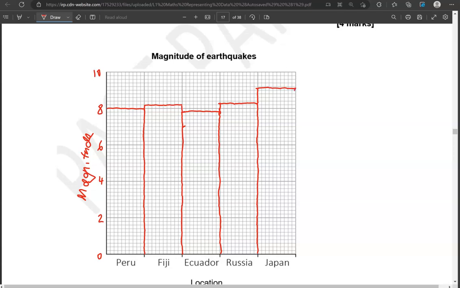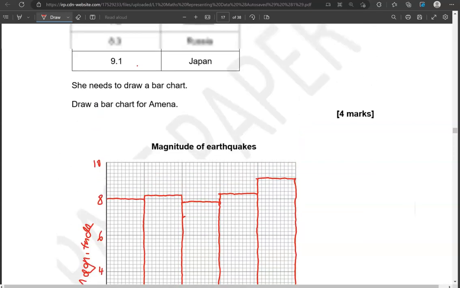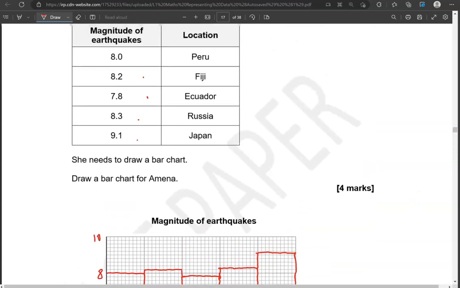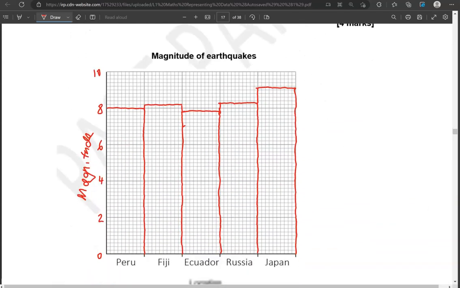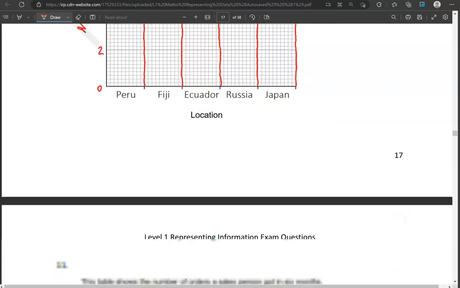You'd need to use a ruler here when you do this on paper, so you can draw straight lines. And if you look at the numbers, they are around 8. So that shows we've done this correctly.